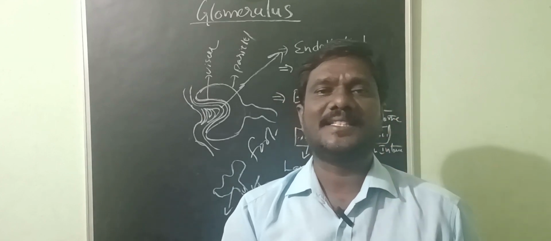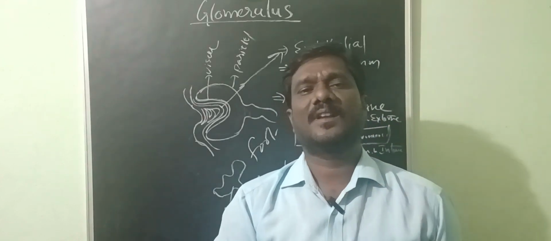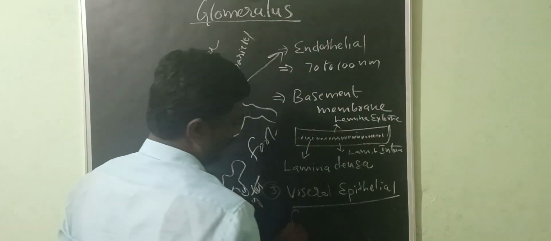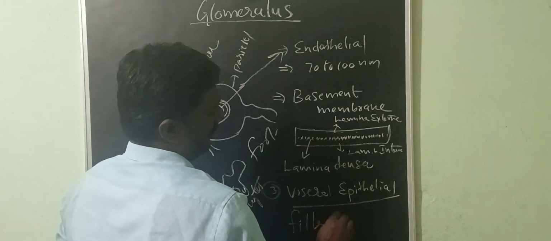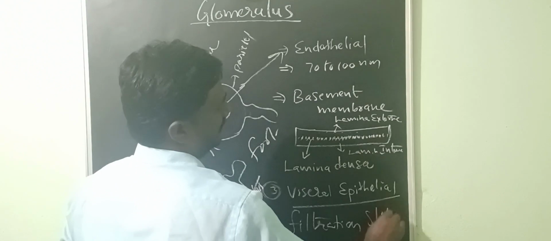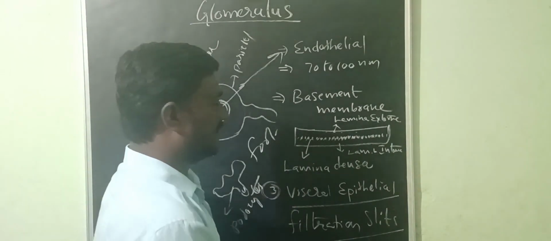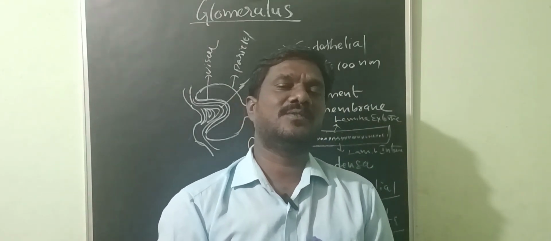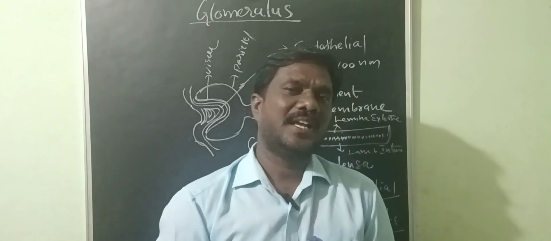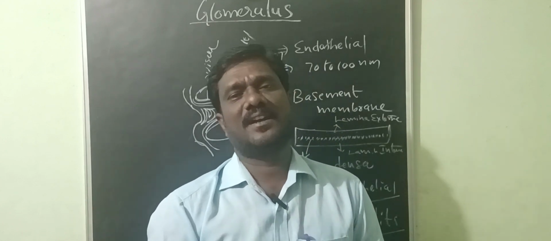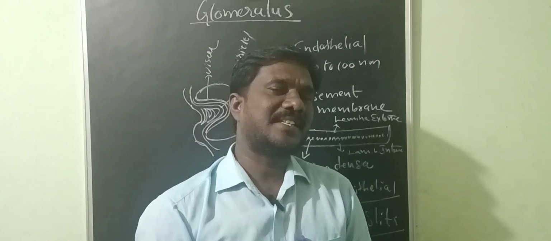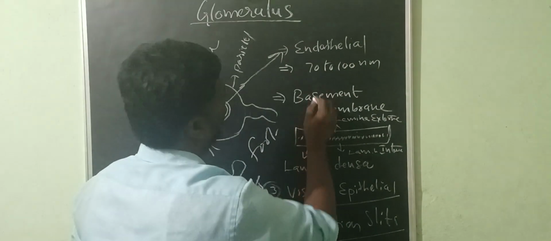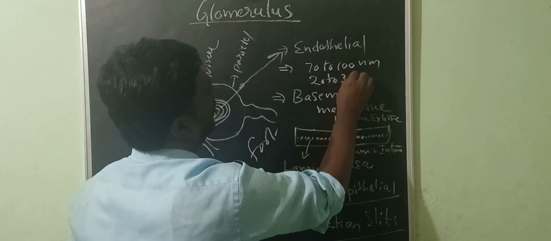Because of that interdigitation, slits appear, and that is called the filtration slit. Between those finger-like processes, a slit appears. That slit is called the filtration slit, and its size is nearly 20 to 30 nanometers.